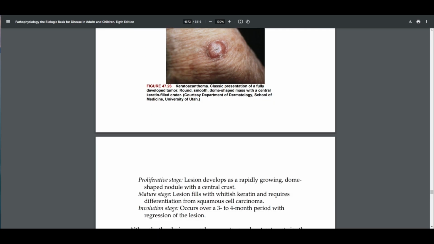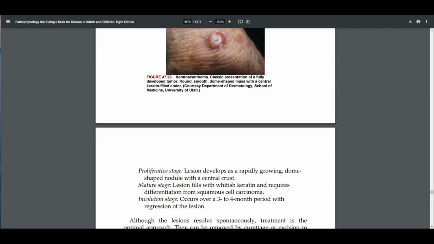The proliferative stage: the lesion develops as a rapidly growing dome-shaped nodule with a central crust. The mature stage: the lesion fills with a whitish keratin and requires differentiation from squamous cell carcinoma. Involution stage occurs over a 3 to 4 month period with regression of the lesion.